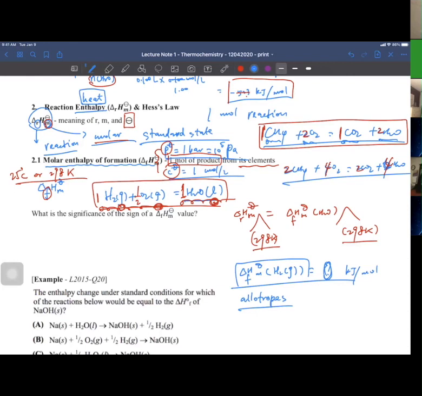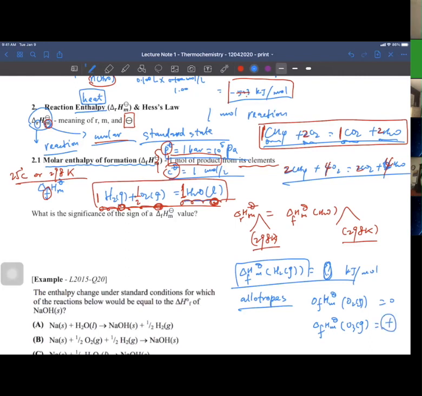You need to pick the most stable one. If it's oxygen, which one will be 0 kilojoule per mole, O2 or O3? Should be O2, right? O2 is more stable than O3. And if you check the data, ozone, O3, will be a positive value.